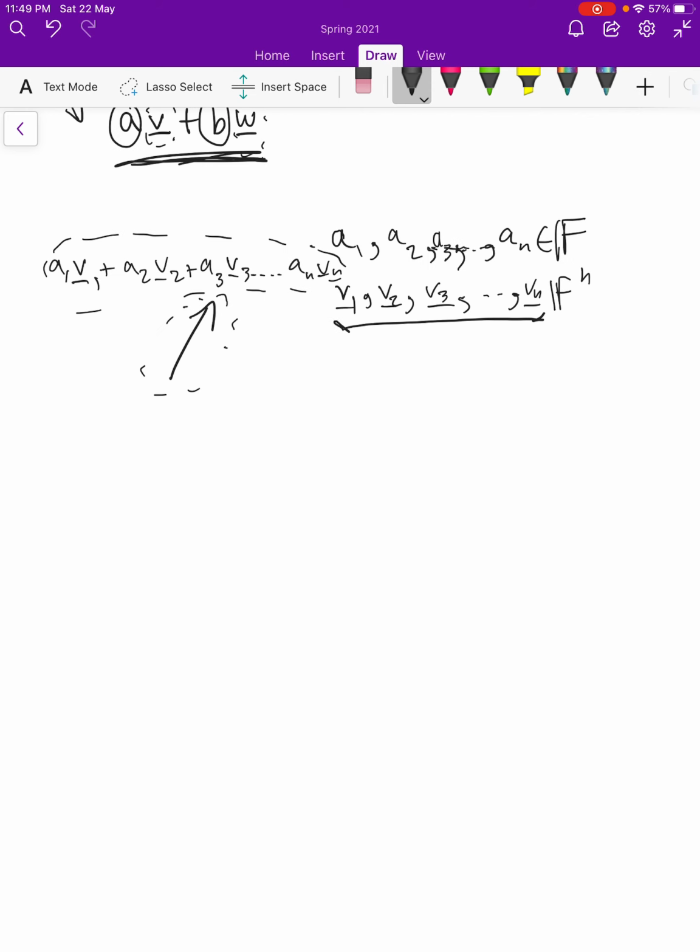And now we have another notation that's called span. This is not a notation, this is a concept that follows from these linear combinations.